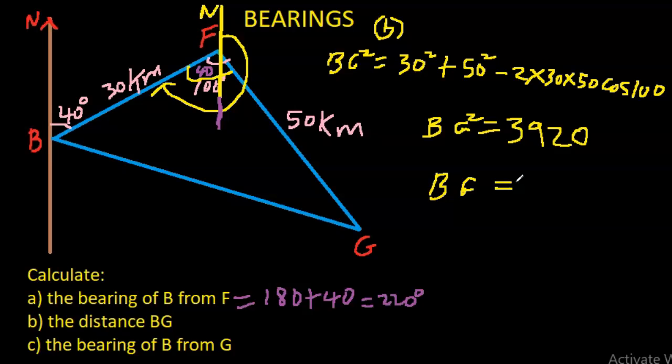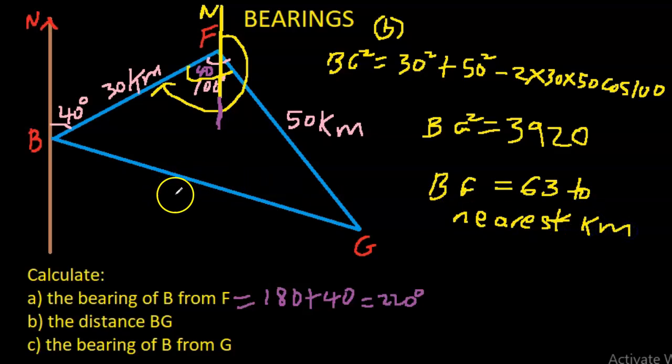And that is 62.6. Let me call it 63, to the nearest whole number, the nearest kilometer. So this is 63 kilometers, rounded to the nearest whole number. And so that's part B.